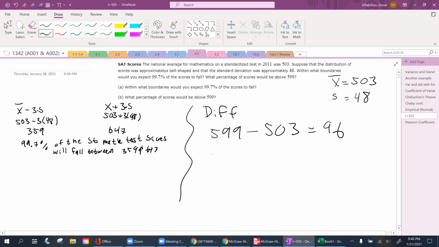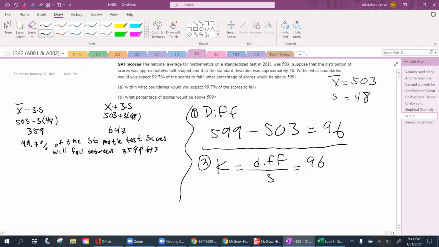And what I'm looking for is my K value, because that's going to tell me a lot. To find K, this is the difference divided by the standard deviation, which is 96 divided by 48. Oh, that's nice. That gives me 2.